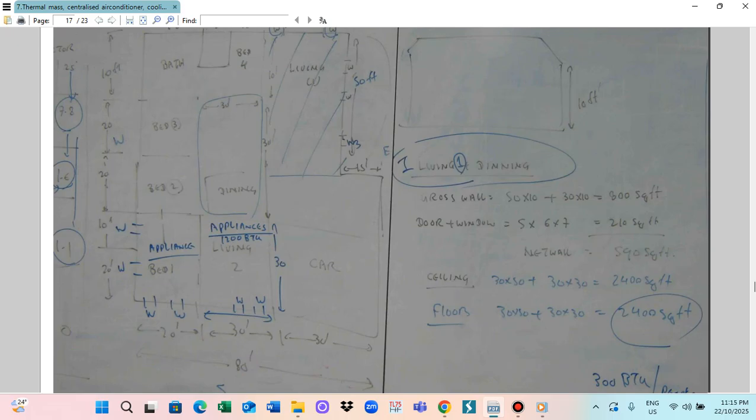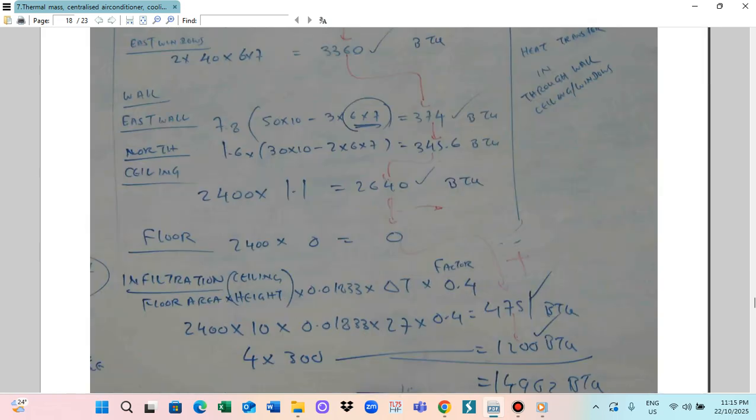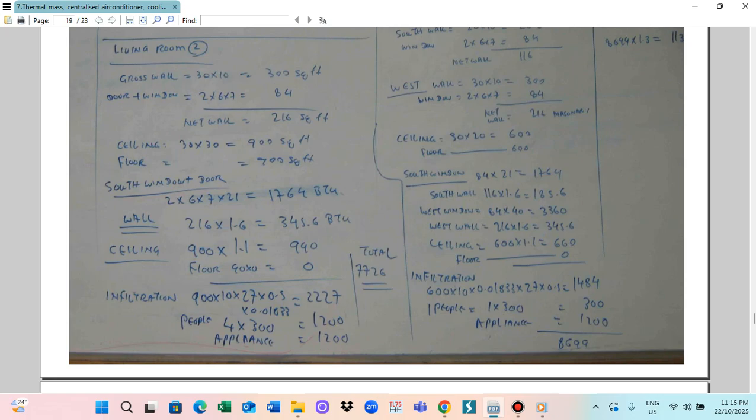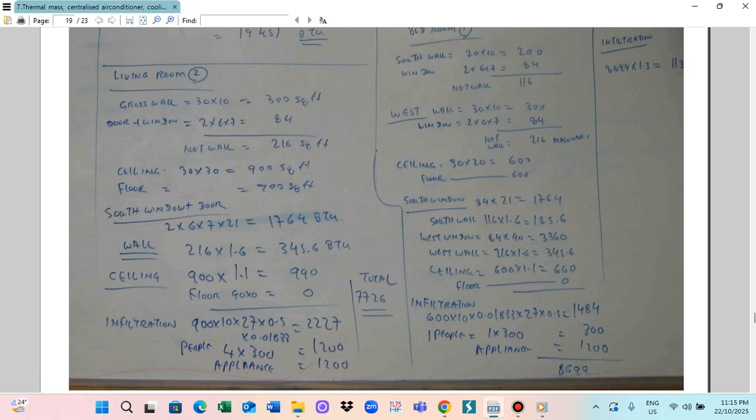So the door and window areas are on the same side, so this is 2 door windows. 2 multiplied by 6 multiplied by 7 is 84.